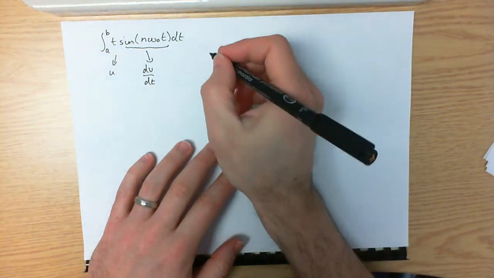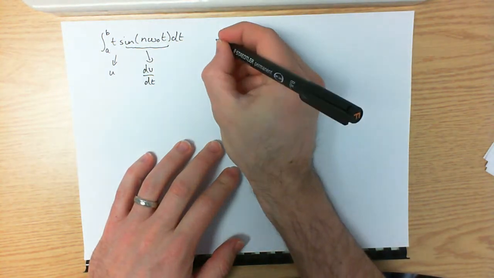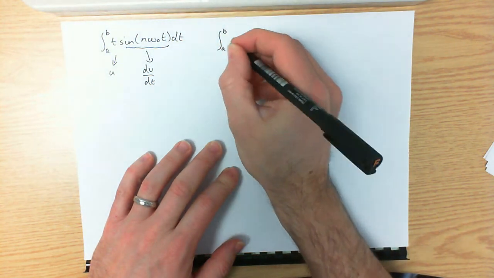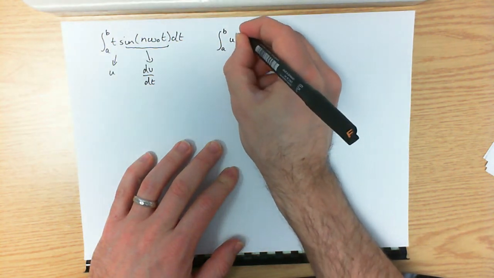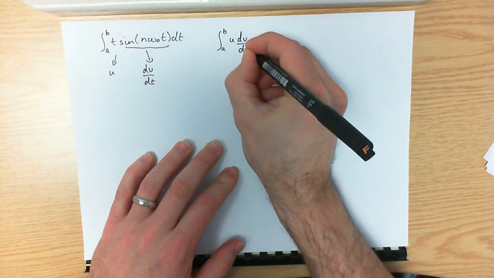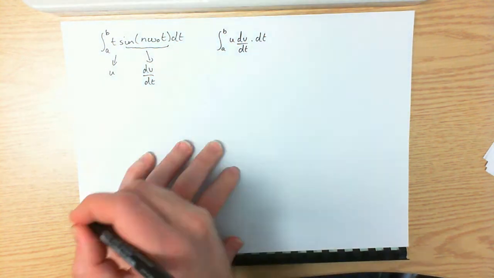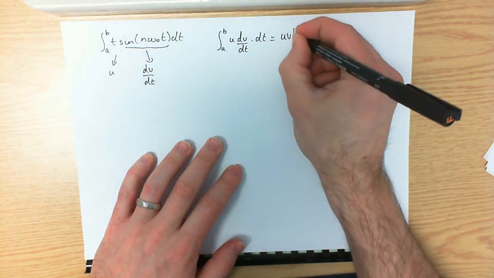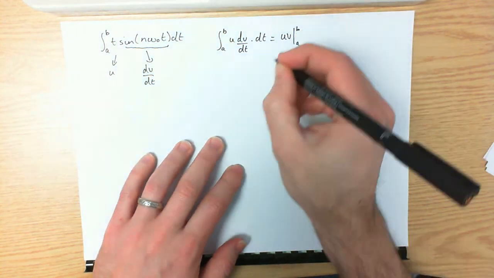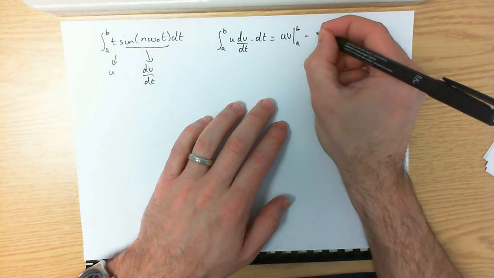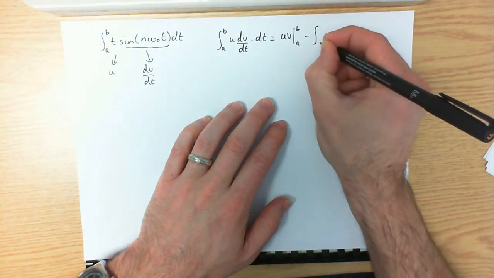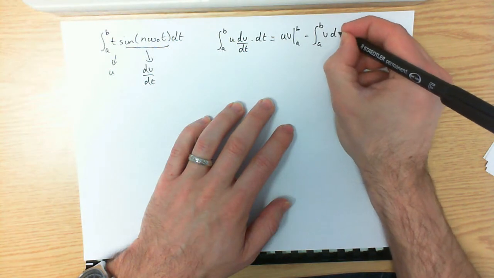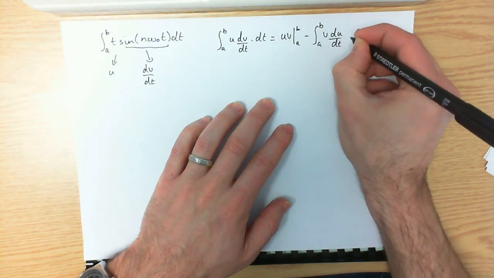Just reminding ourselves of what integration by parts is: the integral from a to b of u dv by dt with respect to time is equal to uv between the limits of a and b, minus the integral between a and b of v du by dt.